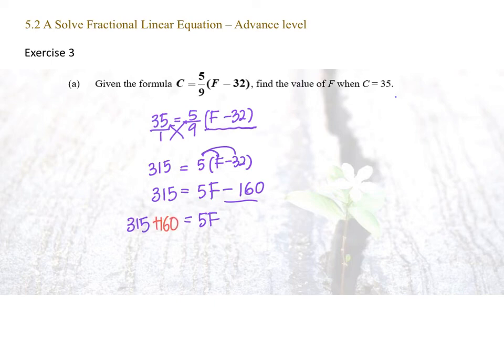And then 315 plus 160 will give you 475 is equal to 5f. Now how much will be 1 unit? Dividing by 5. So therefore, f will be 475 divided by 5 to give you 95. Have you gotten the answer?